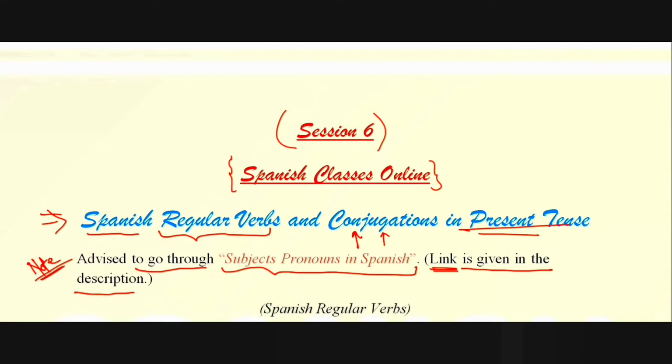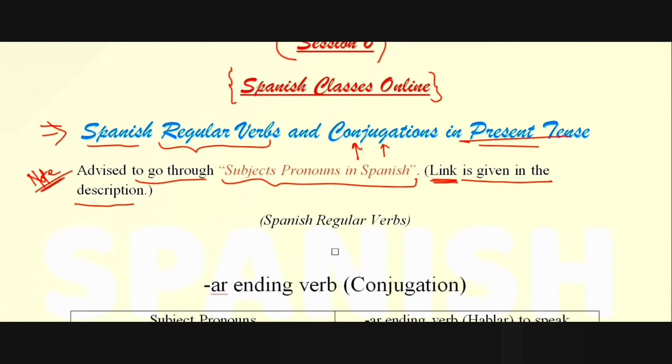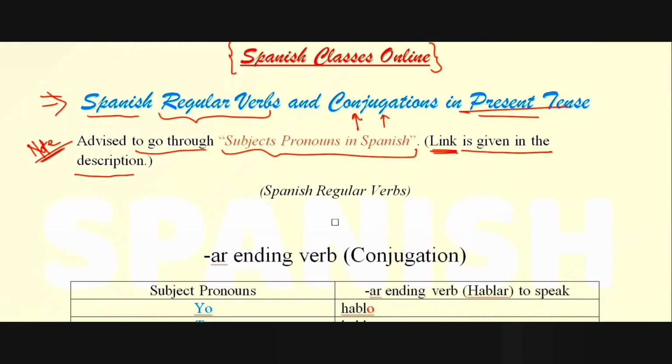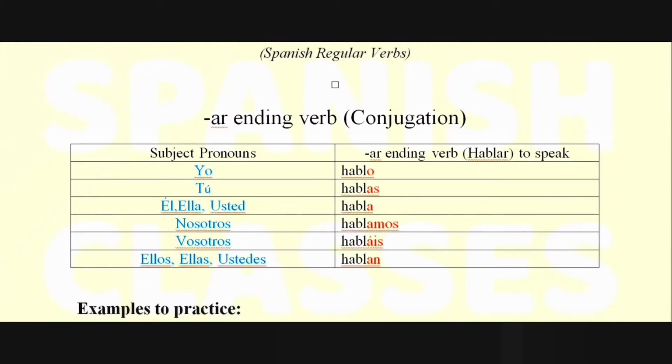In Spanish we have a set of regular verbs. Spanish regular verbs. And here we have 3 categories to define it. First category is the verbs ending with AR.